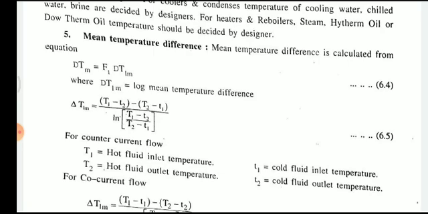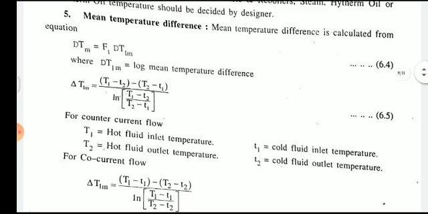Delta Tm is equal to F of T times delta TLM, where delta TLM is the log mean temperature difference. It is written as delta TLM equal to (T1 minus t2) minus (T2 minus t1) divided by ln of (T1 minus t2) over (T2 minus t1).